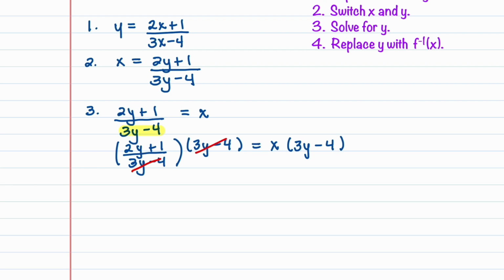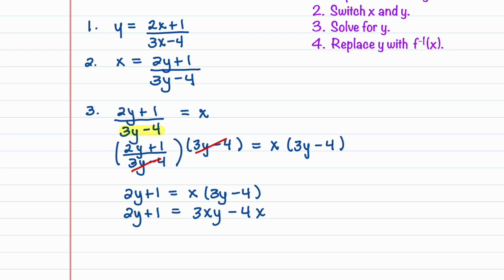On the left then, we have 2y plus 1. And on the right, we have x times 3y minus 4. On the right-hand side, let's multiply everything out. So our left stays the same, 2y plus 1. And our right-hand side is 3xy minus 4x.